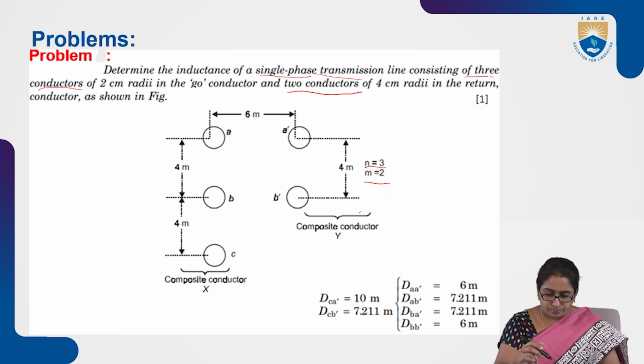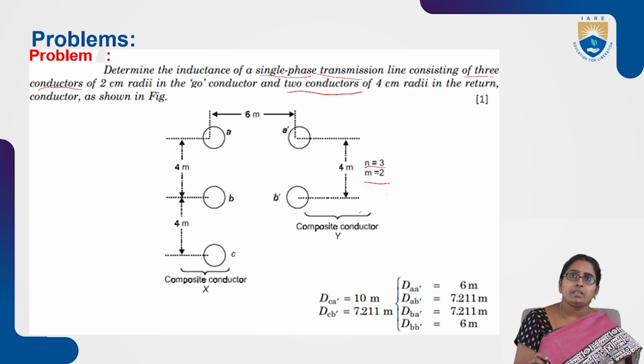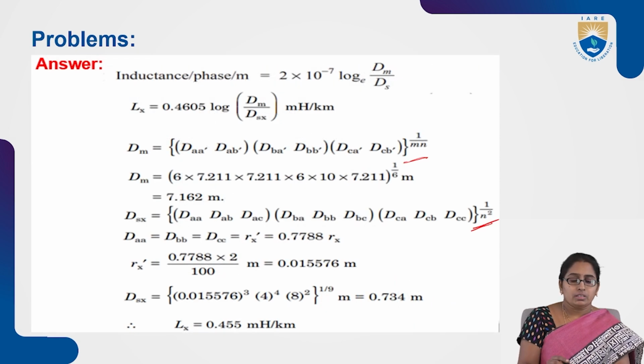Here for the conductor A, how to calculate DM and DS? For conductor A, how many subconductors? 3, right. This is the inductance expression they have shown in terms of log base 10. The upper one is in terms of log base e, and the next one is in terms of log base 10, written in millihenries per kilometer.